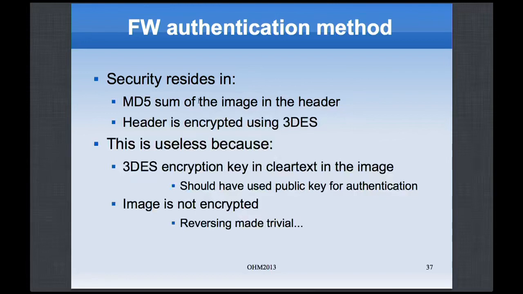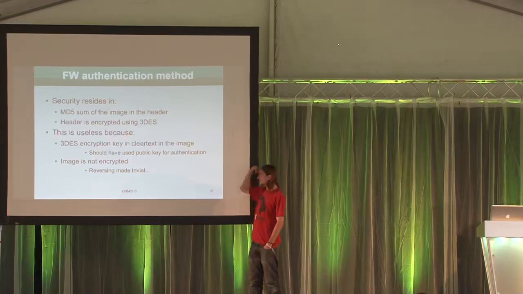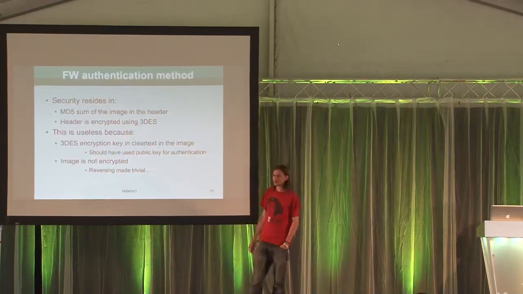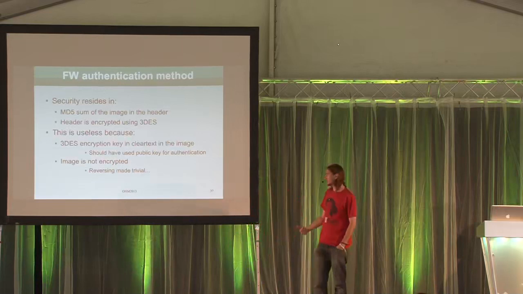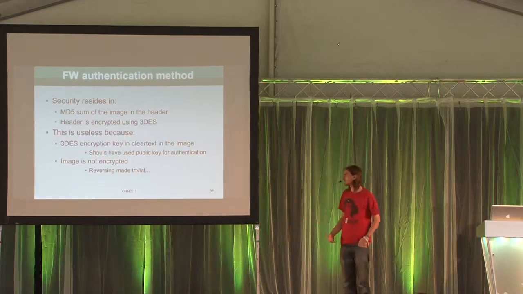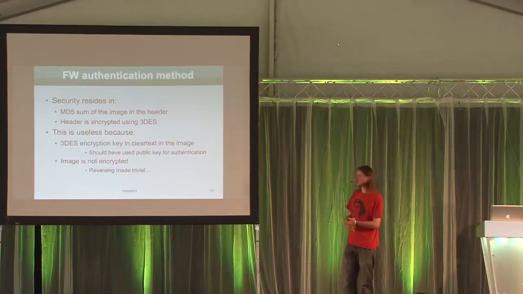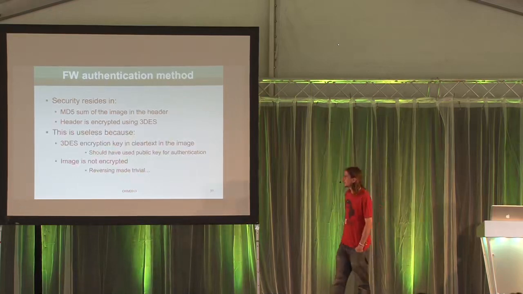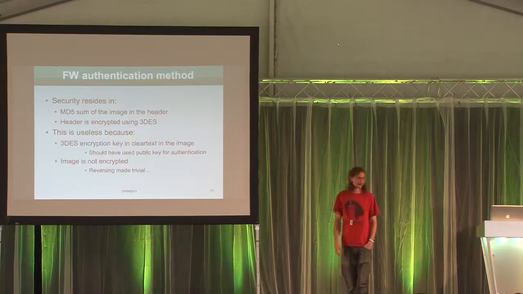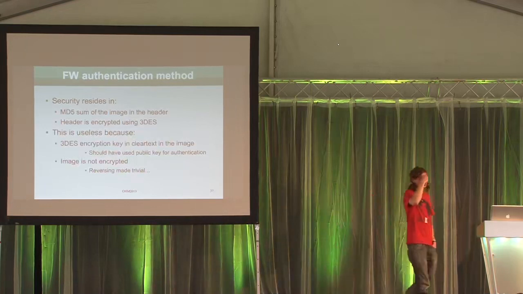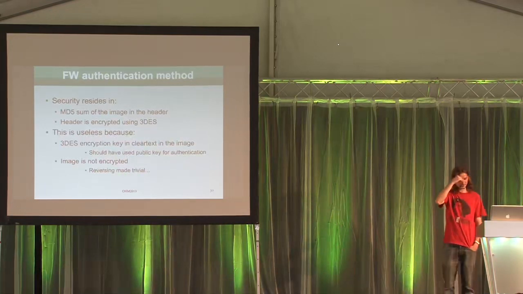And normally, if you want to authenticate without leaking information, they should have used public key authentication, so that you could only find the certificate on the image, and the certificate is just a public key, you don't care about it, it's not useful for reconstructing a valid firmware image.